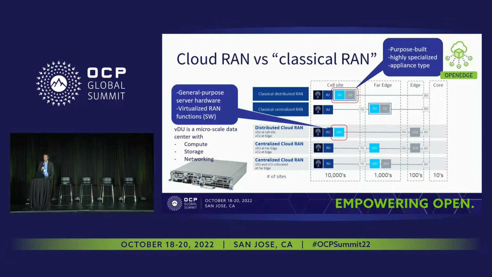So they are very small scale compared to hyperscale data centers, but still as we are using standard server hardware there, it's considered a data center, and we consider the whole network to be a network of small distributed data centers that are then managed as one entity.